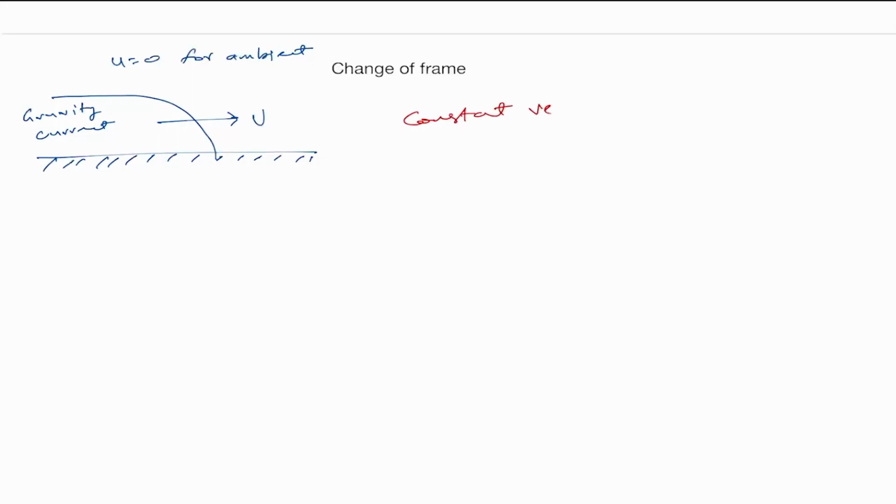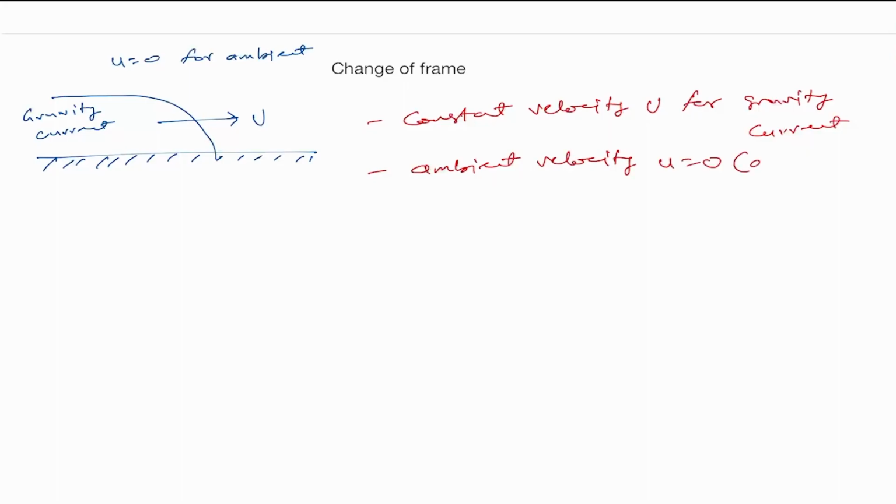Velocity u for gravity current, in ambient velocity u is 0, which actually means that ambient is static.